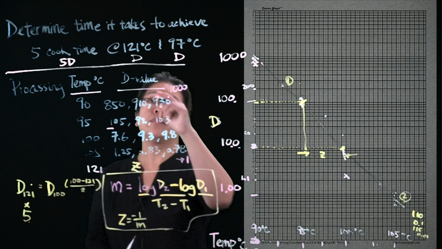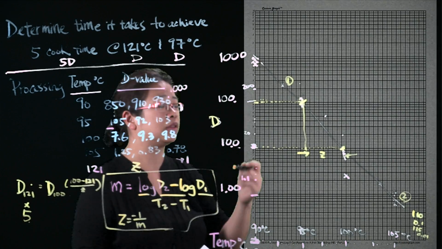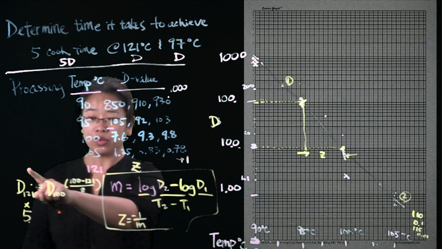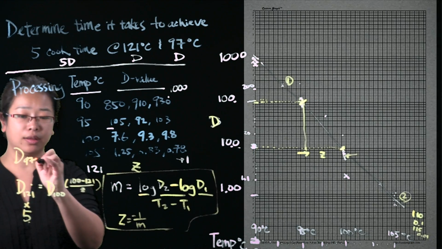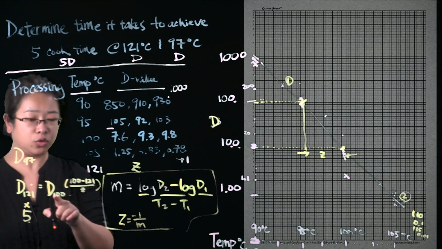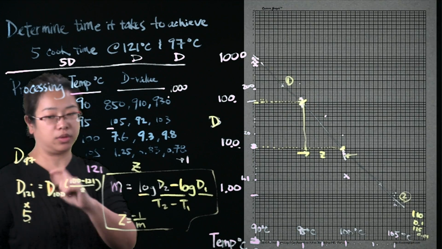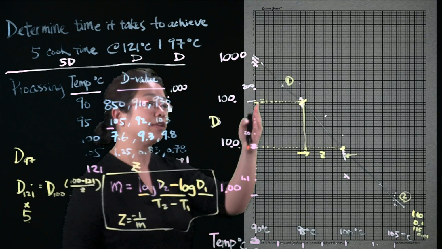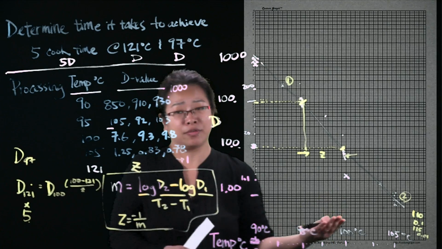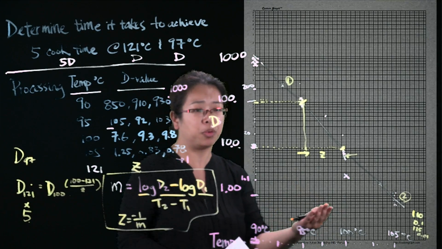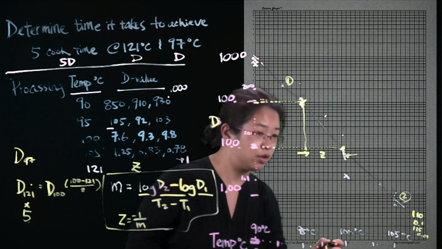But if our machine is broken and we have to process our food at 97 degrees Celsius, we can use the same calculation here, with the same baseline D100 and the same equation. But because we have the graph here, we can simply take advantage of visual inspection. So we look for 97 degrees Celsius here.